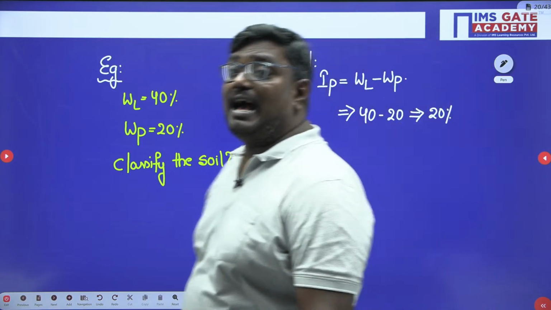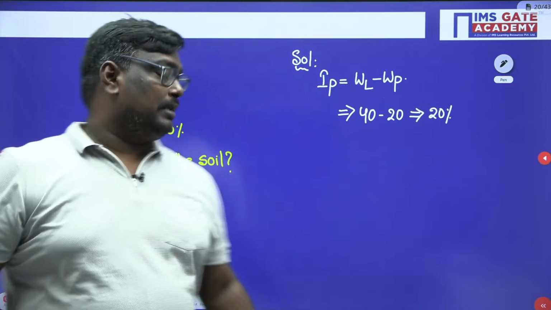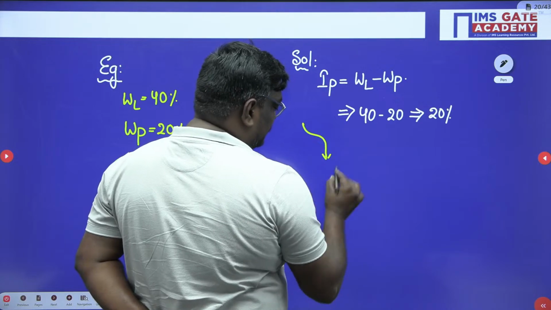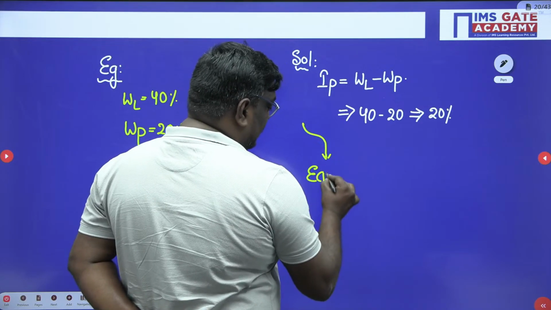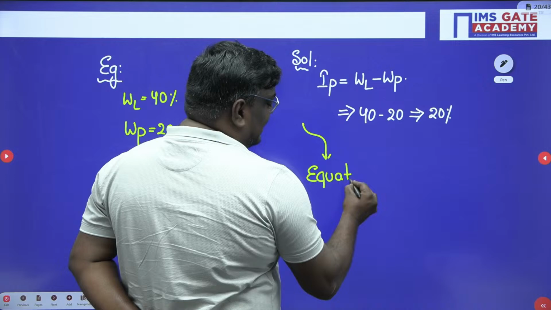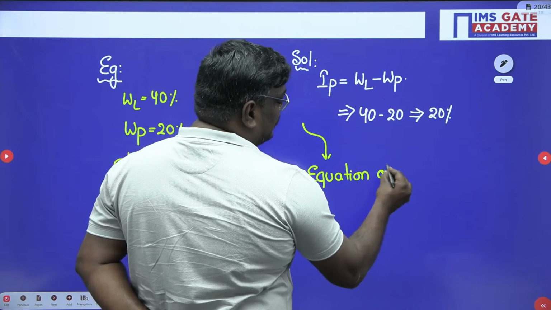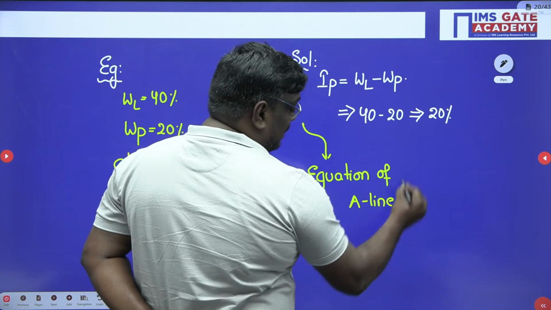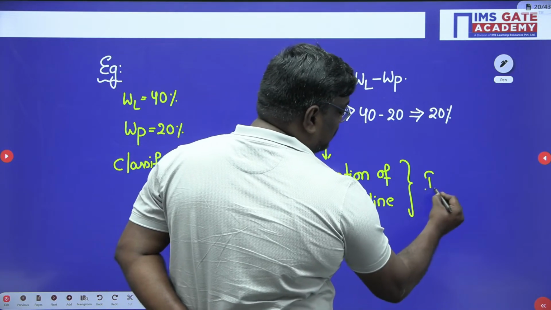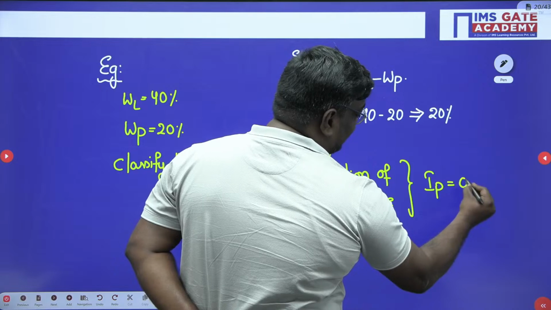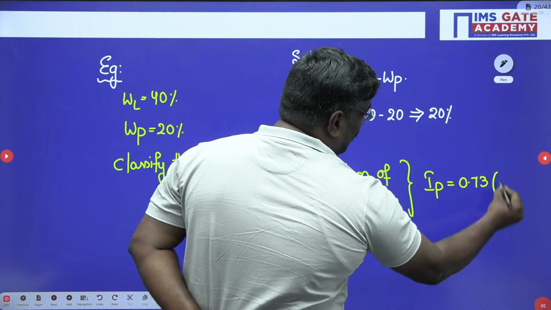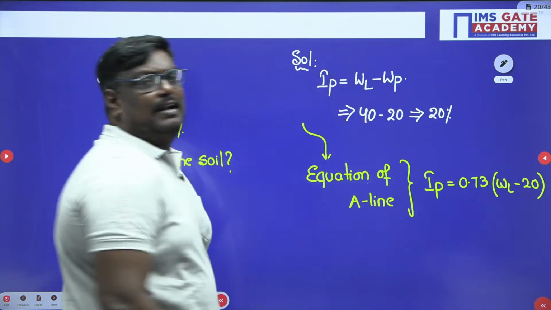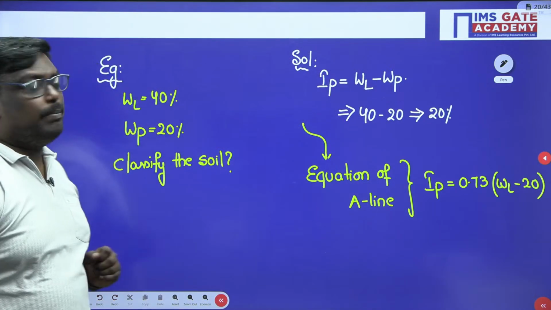Now you should have an idea on the A line. Please remember, students, the equation of the A line says IP equals 0.73 into (liquid limit minus 20). What is the given liquid limit in the question? It is 40 percent.